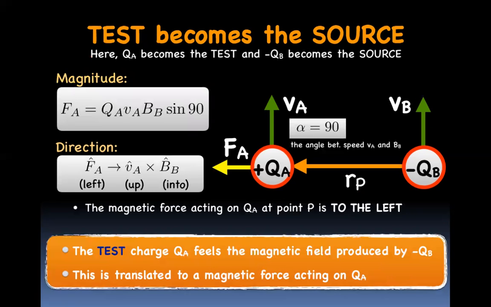Now, if we want to find the magnetic force that positive QA experiences due to the magnetic field produced by negative QB, then it is given by F on charge QA is equal to QA times VA times BB sine 90.